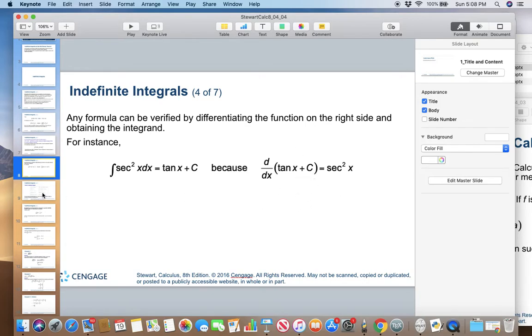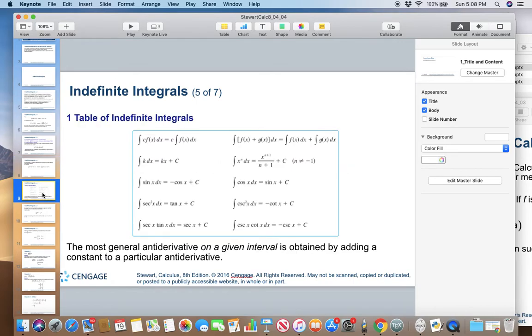Okay. So let's review our derivative and integral formulas. If I have a number multiplying my function, I can get it out. That's okay. The derivative of x is 1, so the derivative of kx is k, k being a number. So the integral of k is kx plus c.